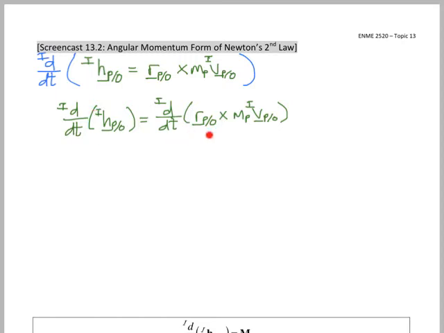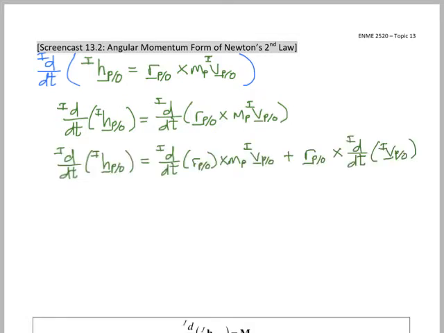For the time derivative on the right-hand side, we'll distribute this. Using the product rule, we get the time derivative of the position vector crossed with the mass times the velocity, plus the position vector crossed with the time derivative of the velocity.